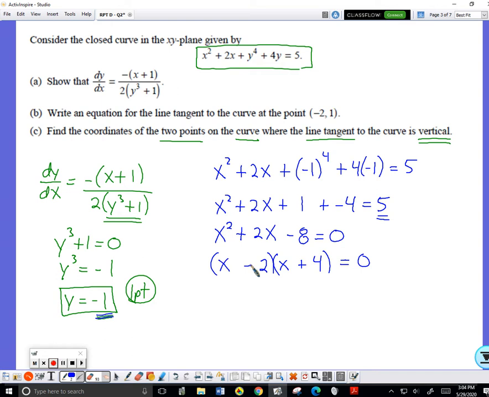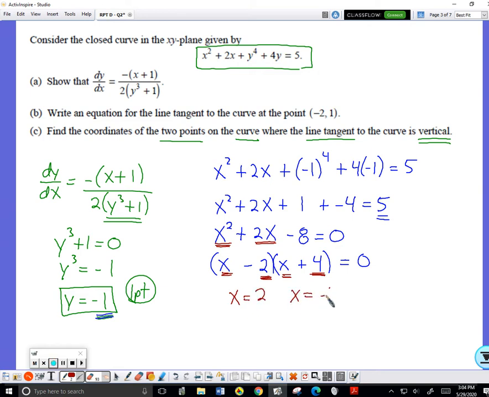And I multiply it out one more time just to make sure it's working. So I've got x times x is x squared. X times 4 is 4x. Plus -2x would be +2x. And then -2 times +4 is -8. So it did factor correctly. So the x-coordinates are 2 and -4.